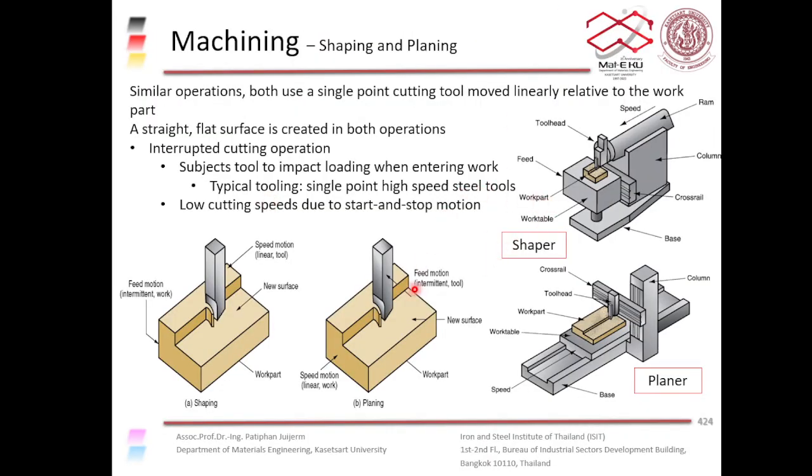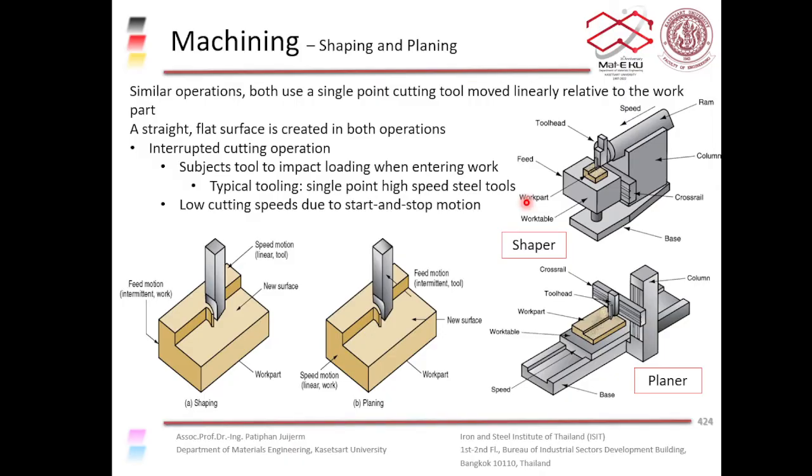Okay, so the cutting bits for the shaping and planing process are usually made from high-speed steel because of the high impact. Because high-speed steel has good strength and good toughness.